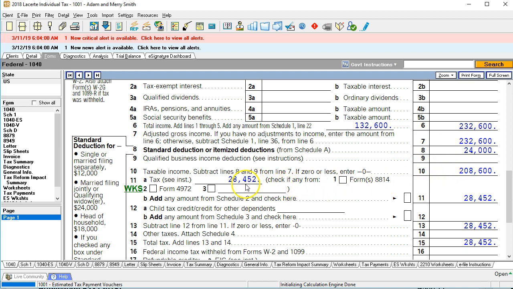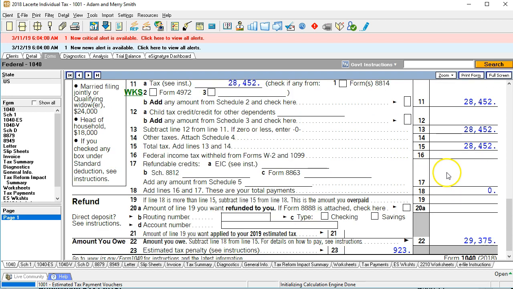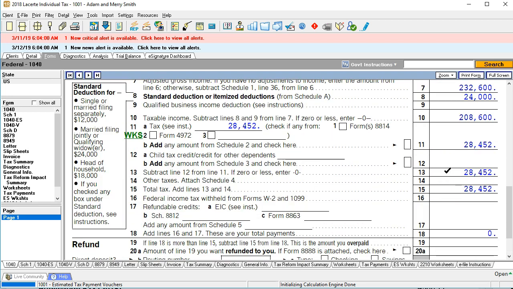And then we've got the income tax calculated by the software, 28,452. And note that calculation could be a little bit tricky because we might have different rates now on it, considering we have Schedule D capital gains. But we have that calculated here, and that obviously pulls down, and that's going to be our tax.